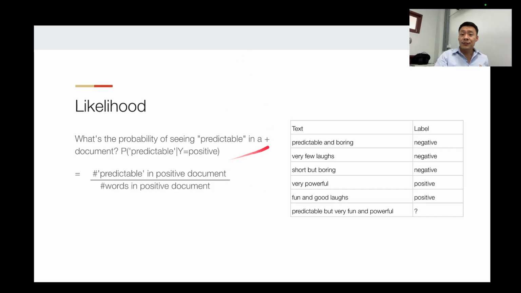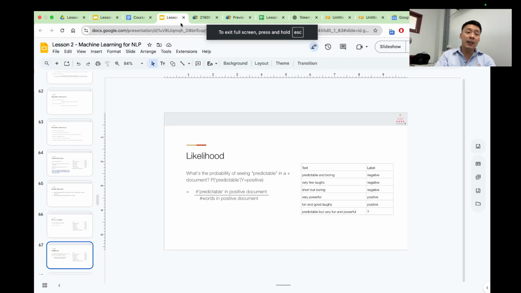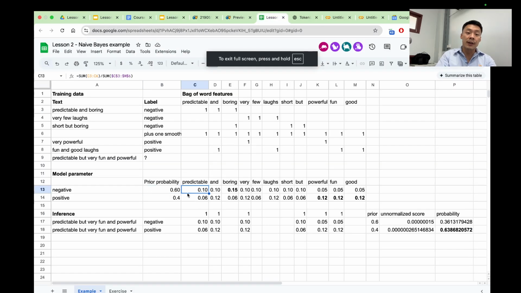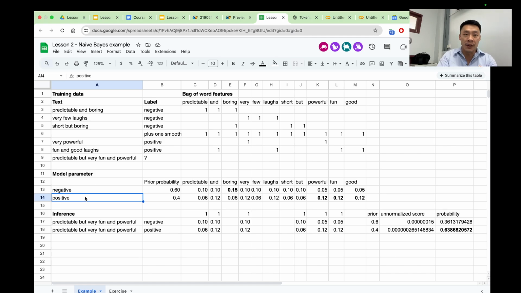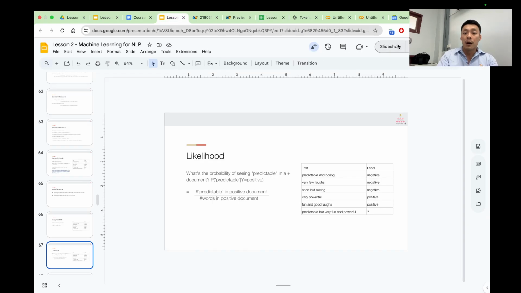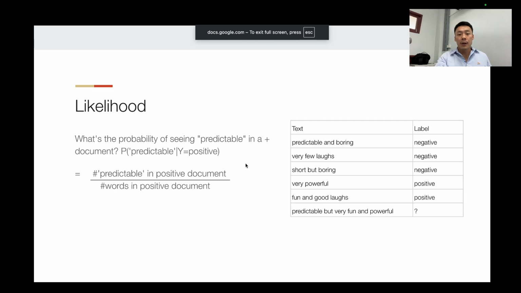Okay, the next model parameter that we need to train is this. What's the probability of seeing the word predictable, given that you only look at negative documents? And the same, what's the probability of seeing predictable, given that you're looking at positive documents only? That's not so bad, right? Predictable, so we look at positive only.